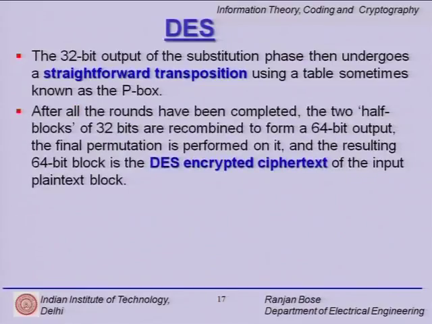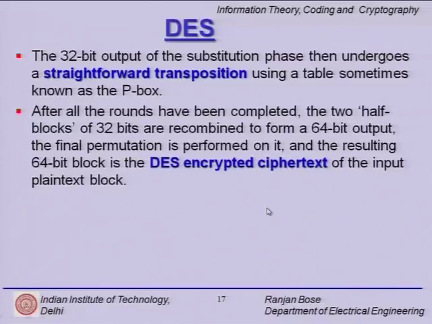After all the rounds have been completed, the 2 half blocks, remember we started off with 2 32 bit halves, are recombined to form the 64 bit output. The final permutation is performed on it and the resulting 64 bit block is finally the DES encrypted ciphertext.